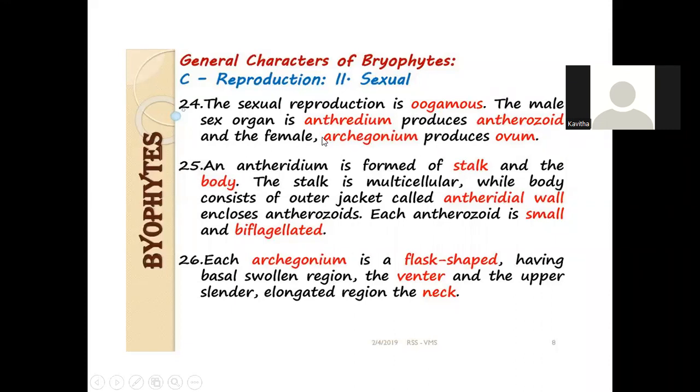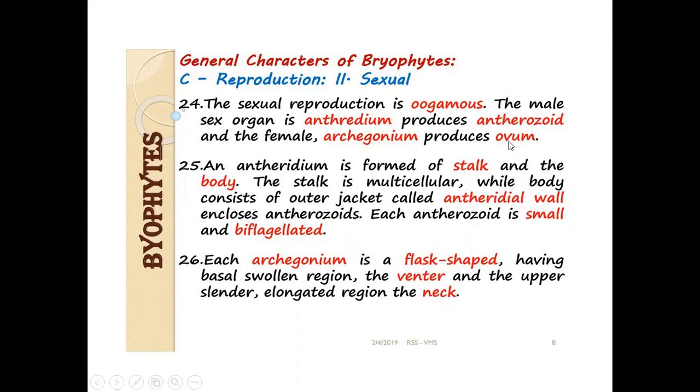Whereas the female sexual organ is called archegonium. In this archegonium, we can see the presence of the female gamete which is called the ovum or egg. Clear?